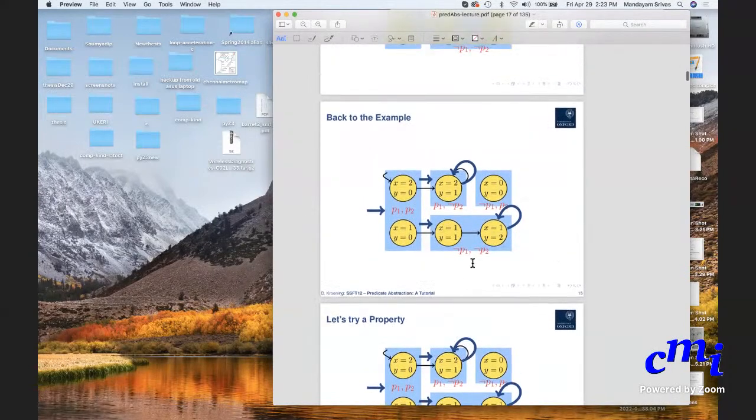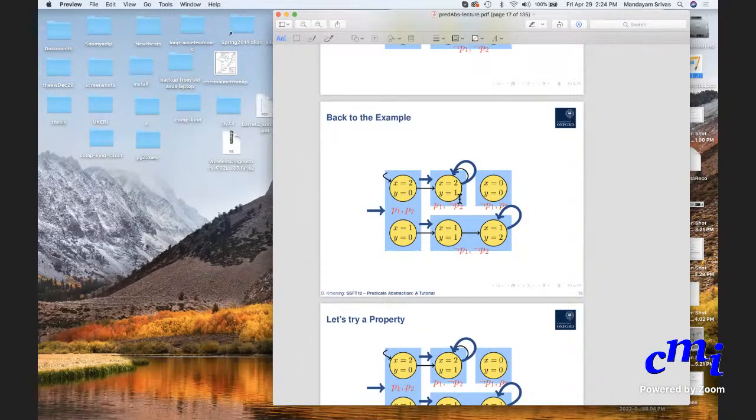Of course, this one is a minimal existential abstraction because it adds only the minimal number of states that are required to be added as per the existential abstraction constraint.